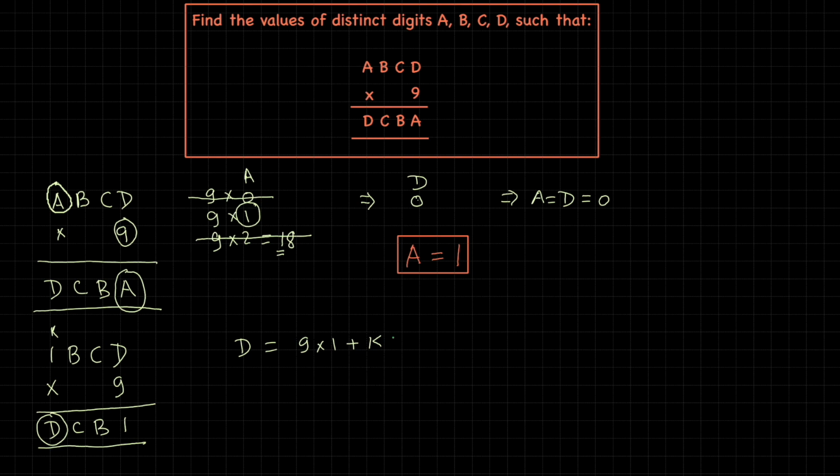Now again, if K has any value other than 0, let's say a 1 or larger, the result of this operation will be at least a 10. So the result of 9 times 1 plus K in that case would become a 2-digit number.